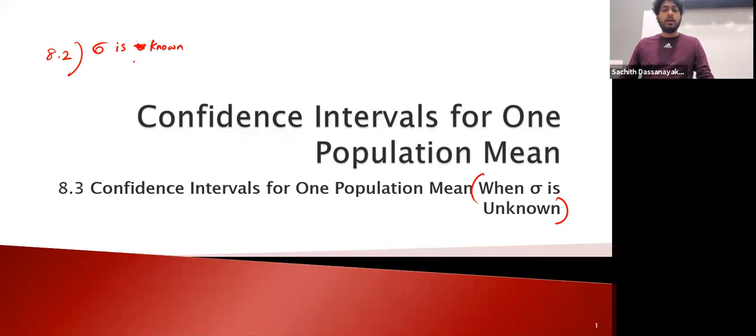If you know the population is normally distributed, normal mu sigma, then you simply use the C table, or C approach, whatever.